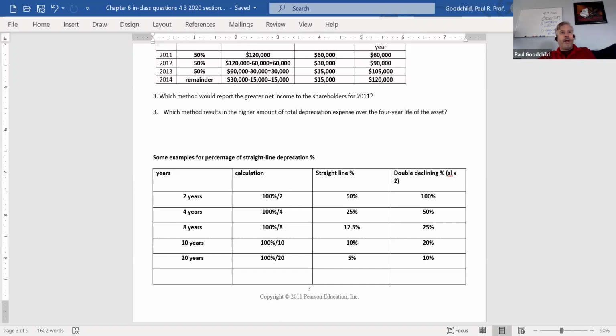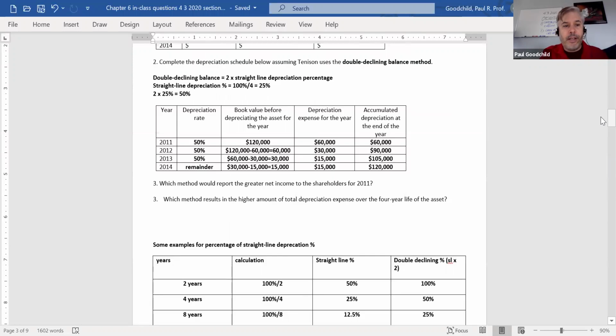When you're thinking about a vehicle, when is most of its useful life used up? Early on, right? And so if you have an asset that is going to be used up early on, then this would match that up better. And so that's why it's done like that.